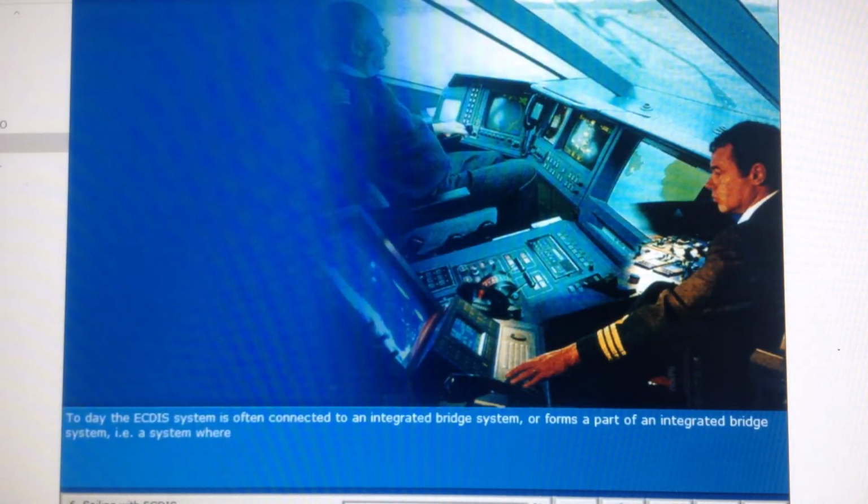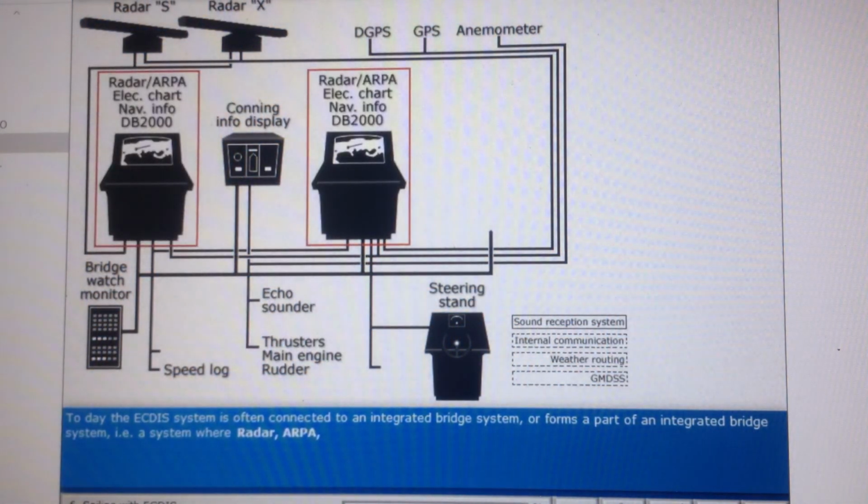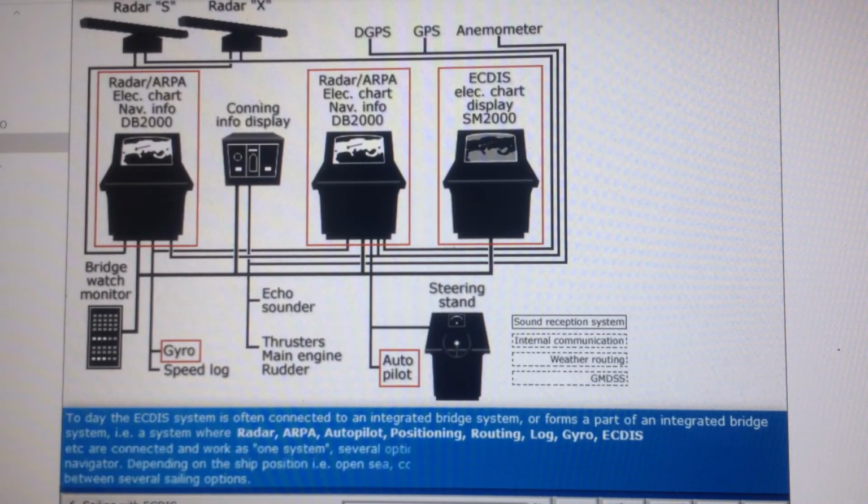Today, the ECDIS system is often connected to an integrated bridge system, or forms a part of an integrated bridge system. That is, a system where radar, ARPA, autopilot, positioning, routing, log, gyro, ECDIS, etc. are connected and work as one system.